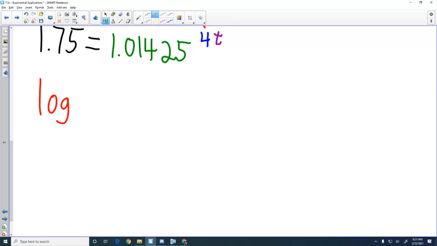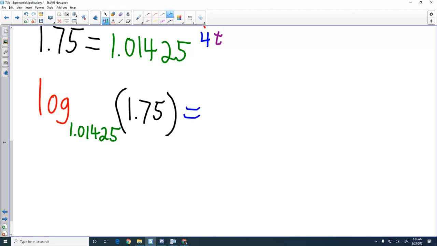The base goes in the basement, so the subscript is going to be the 1.01425 of the answer of the 1.75, and that equals my exponent of 4t. So I just rewrote that in log form.